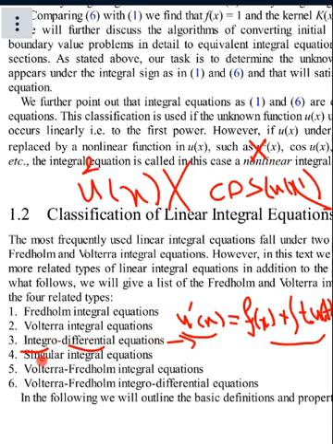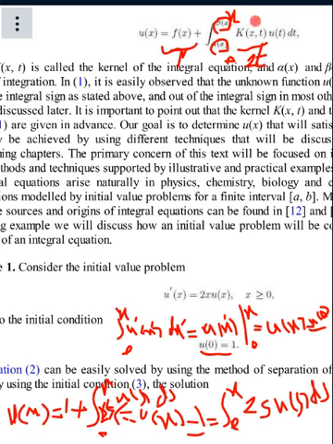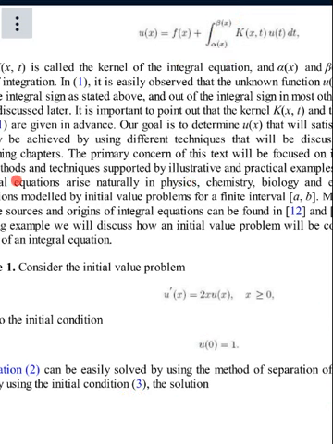The next type is singular integral equations. In singular integral equations we deal with the kernel of the integral equations. It's very important for us in which form this kernel is given.